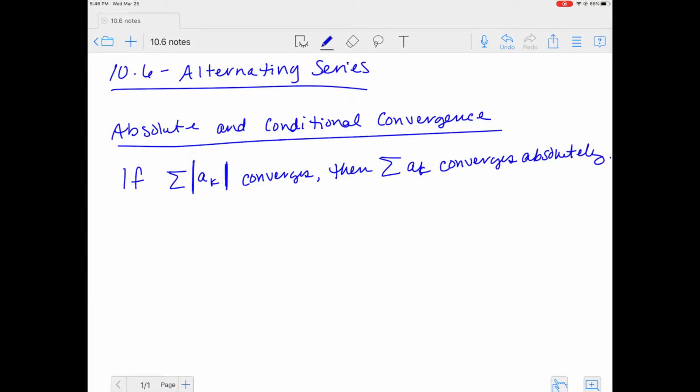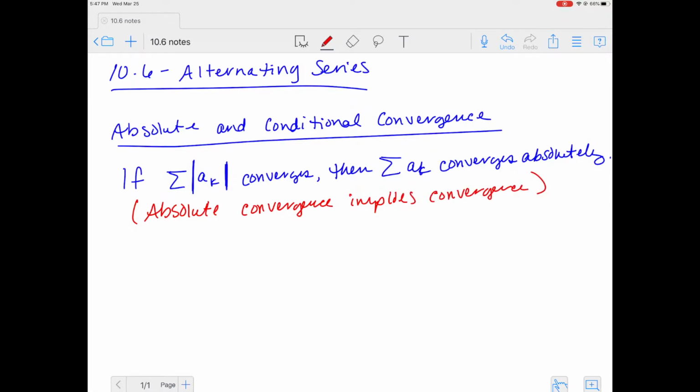All right. So there's something called absolute convergence implies convergence. I'm going to put that in parentheses because that's a common saying. Absolute convergence implies convergence.